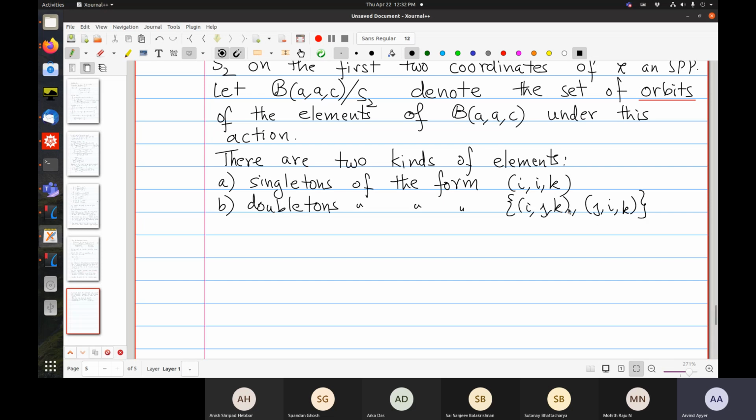These are the only kinds of orbits. So for an orbit eta, let |eta| denote the size. So this is either 1 or 2. Okay.